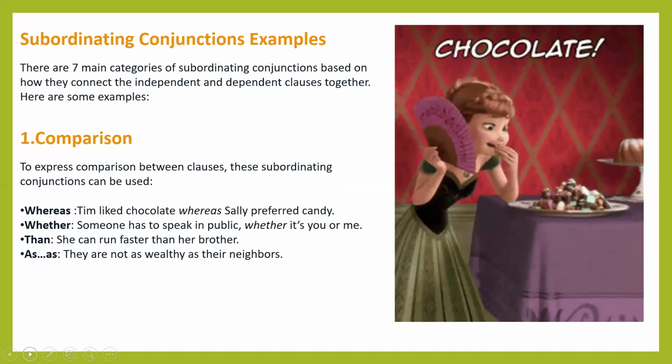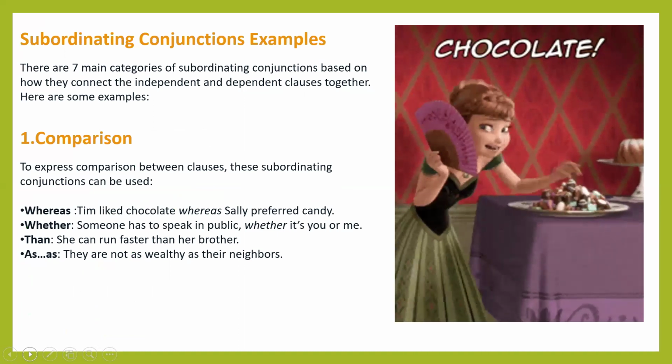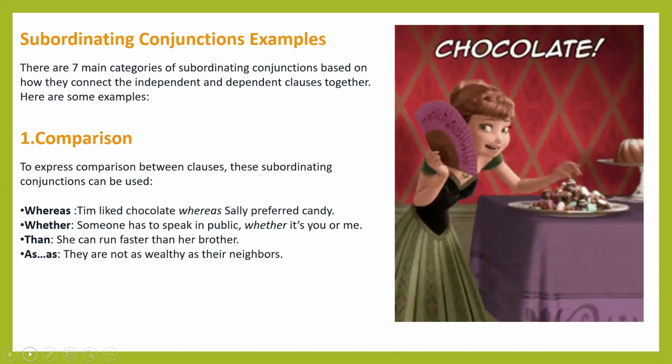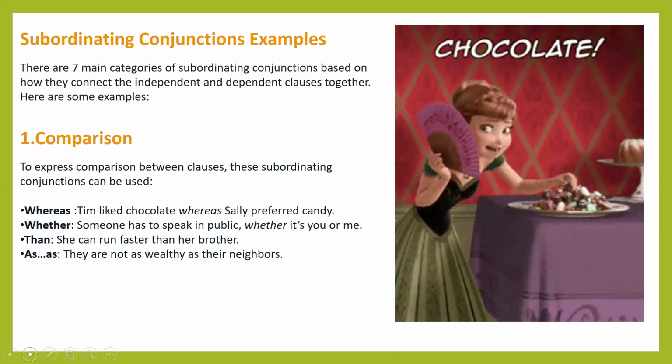For comparison between clauses, this subordinating conjunction can be used. Tim liked chocolate, whereas Sally preferred candy. Whereas is a subordinating conjunction in this sentence. Someone has to speak in public, whether it is you or me. Whether is a subordinating conjunction.